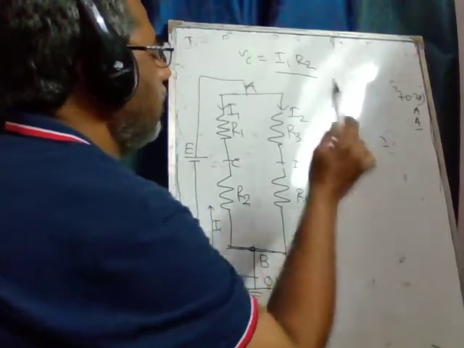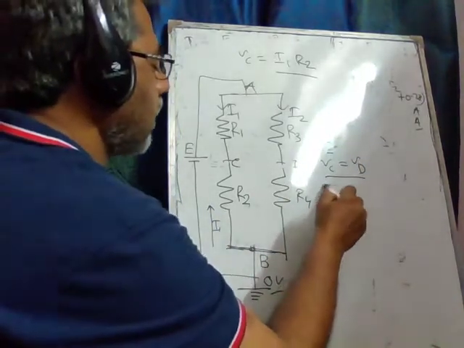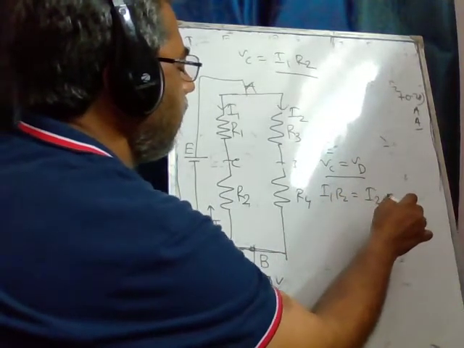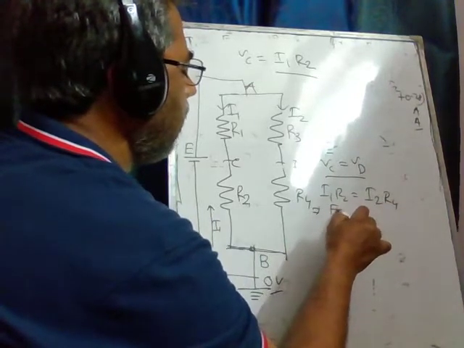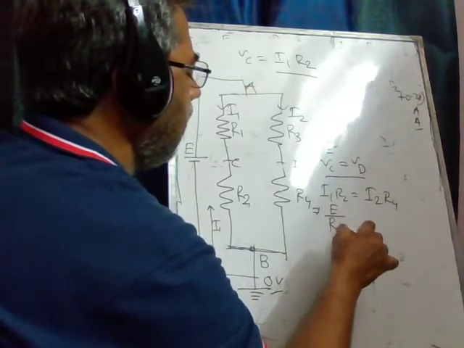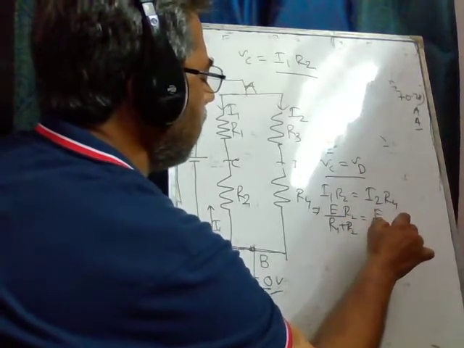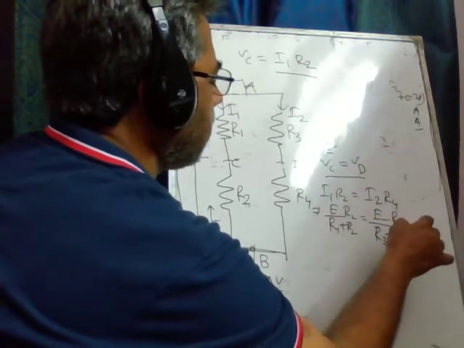For that condition, we must write I1 R2 equal to I2 R4, and again we have I1 equal to E over R1 plus R2, and I2 equal to E over R3 plus R4, times R4.